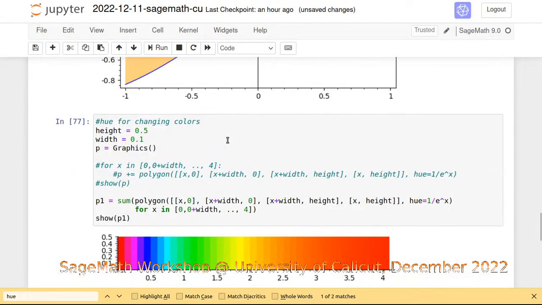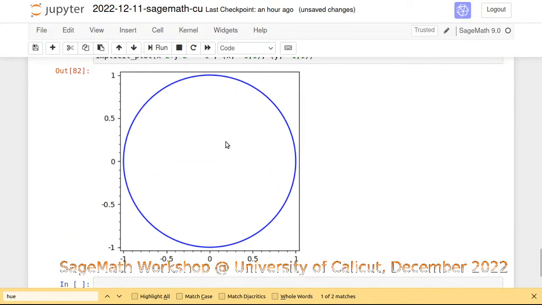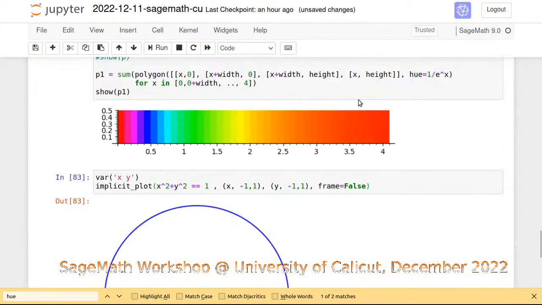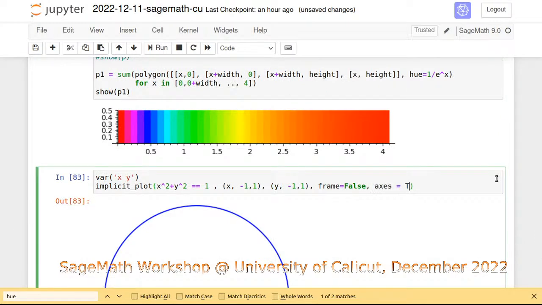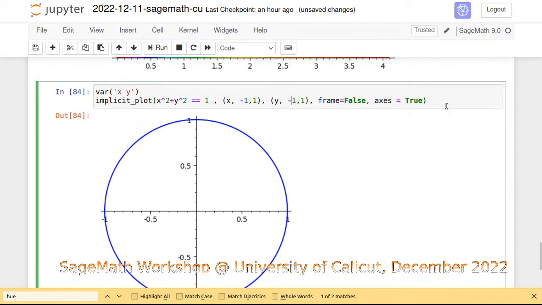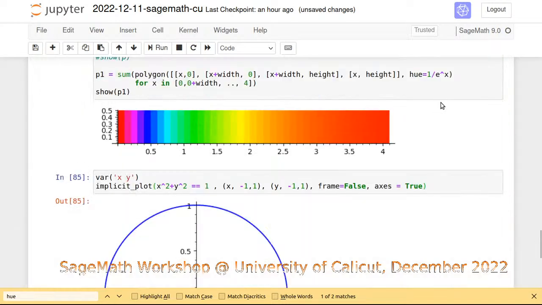Okay, anyway. So this implicit plot is coming with a frame. Maybe we can extend this to, okay, not necessary.